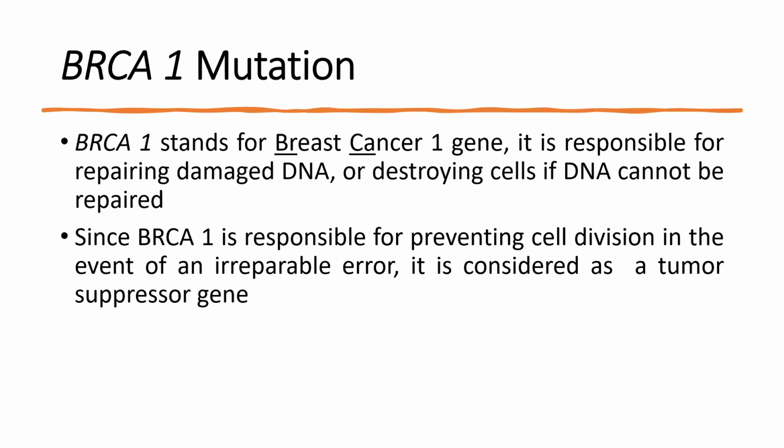BRCA1 is responsible for repairing DNA damage. And if it cannot be repaired, it will cause the cell to die. Based on this description, you should understand it is a tumor suppressor gene and not a proto-oncogene, right? Because it prevents the cell from dividing.